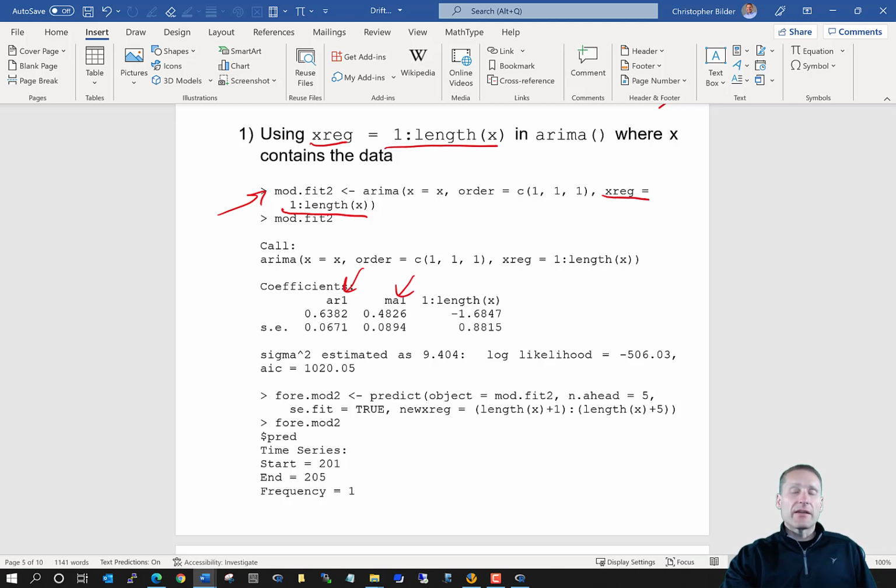That's not surprising. We are actually estimating a different model, so don't be alarmed by that. And then here's where we get the drift term. So here is delta hat, and here is the estimated standard error of delta hat, actually the square root of the variance. Here is sigma hat squared W.